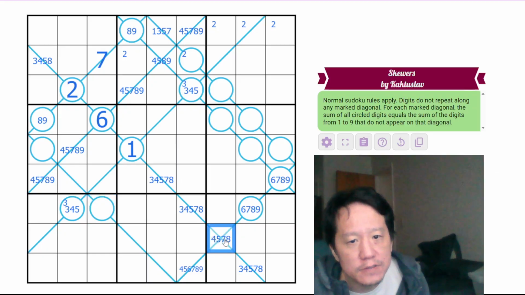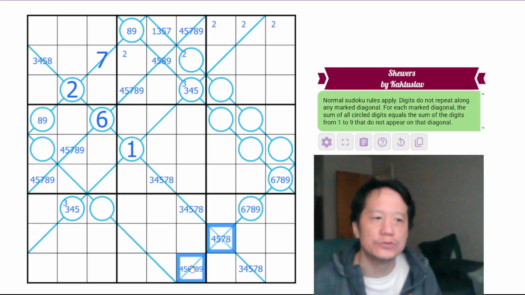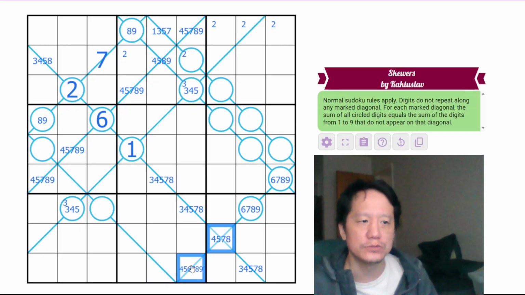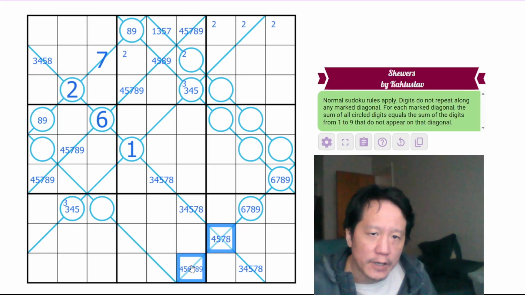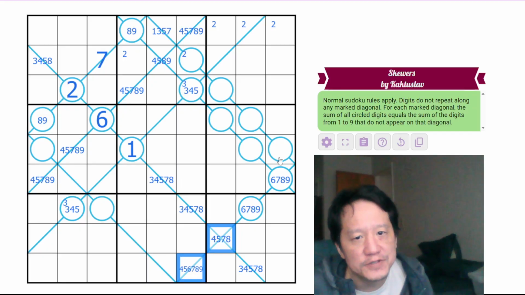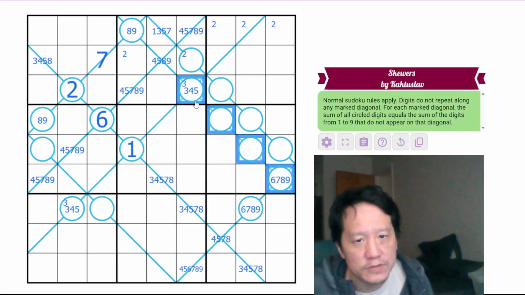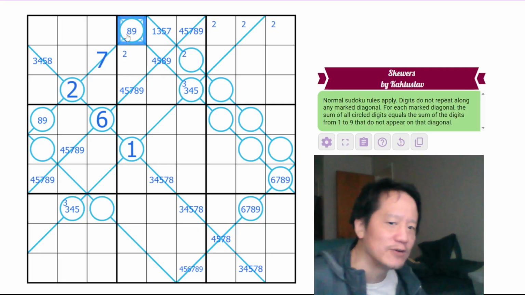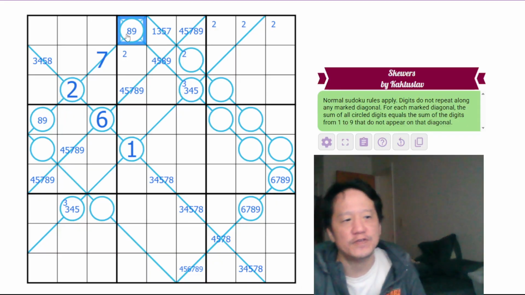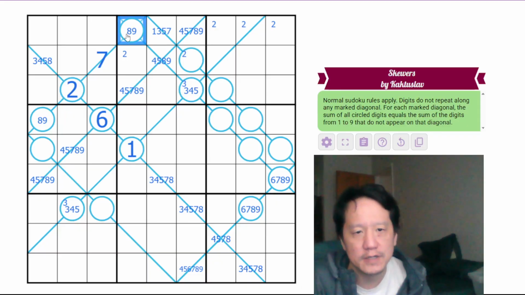Let's see. These 5 digits must equal the same as 3 digits outside of the line.